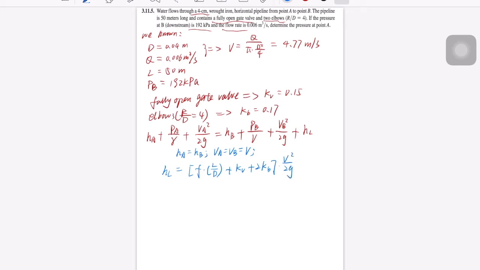And now the energy equation can be written as PA divided by gamma equals PB divided by gamma plus F L divided by D plus KV plus 2KB times V squared divided by 2G.